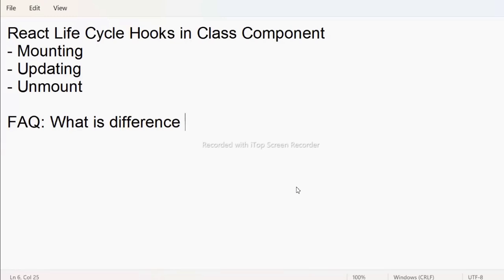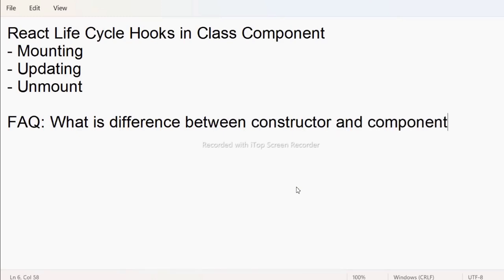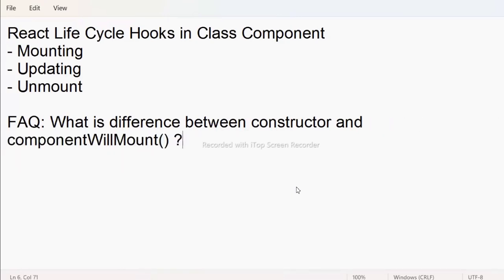So what is the difference between the constructor and the componentWillMount method? Because componentWillMount also initializes memory, and the constructor also initializes memory. Then what is the difference?